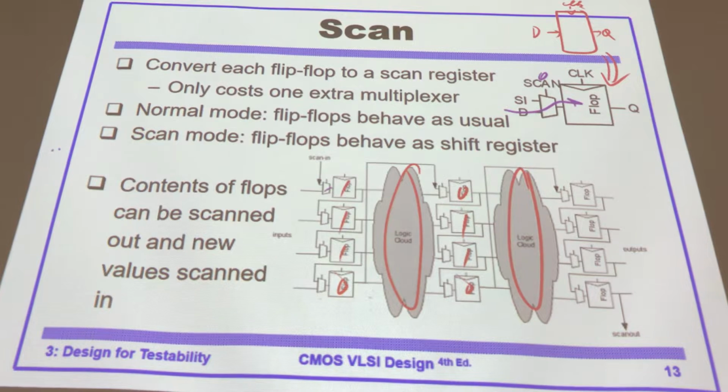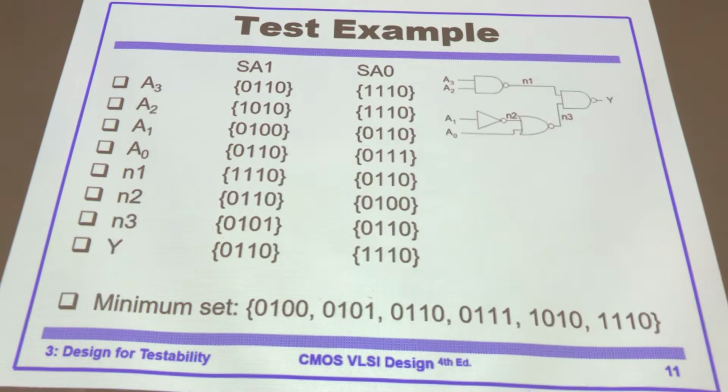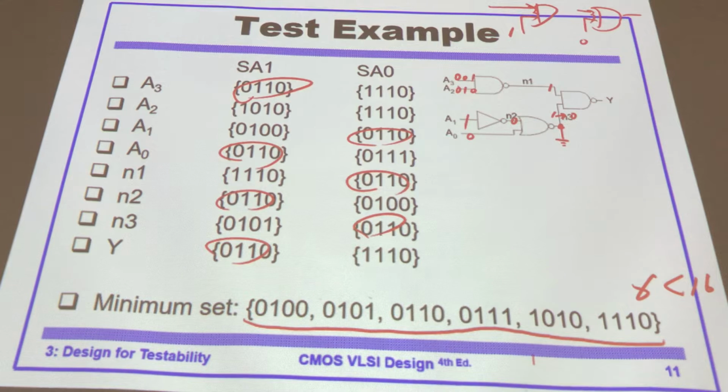For one pattern. Just one pattern. But you need more than one pattern, right? For example, for this circuit, you need 6 patterns to fully test the combinational circuit.